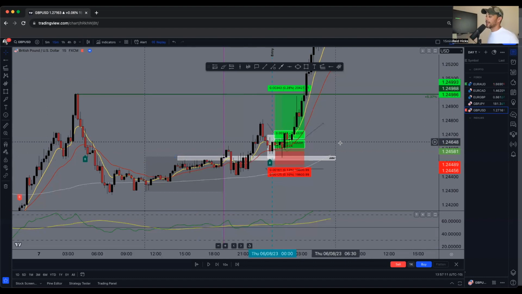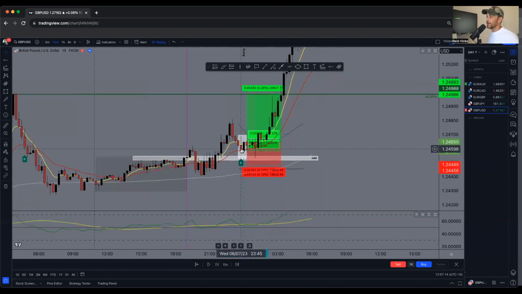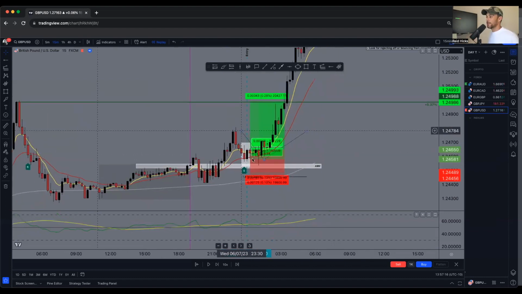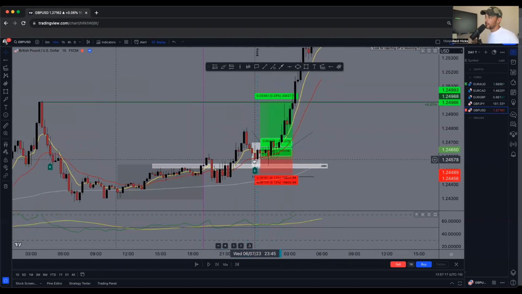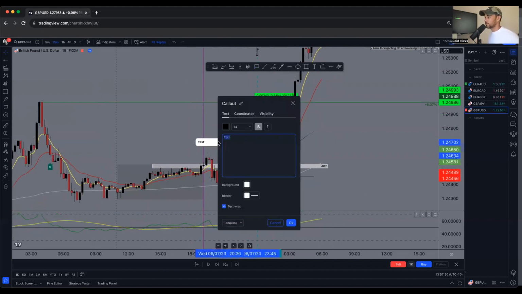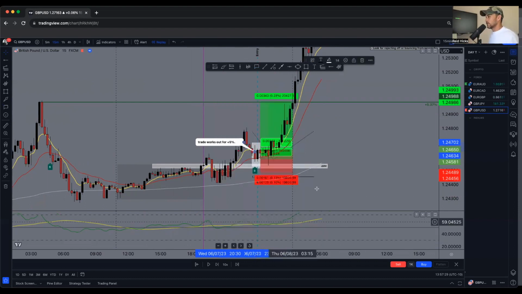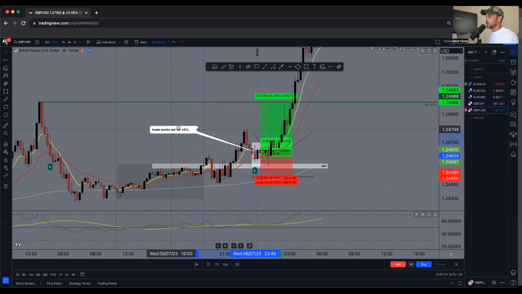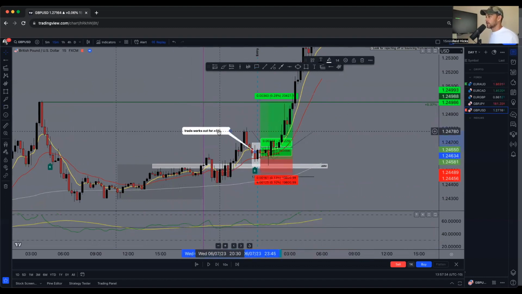Yes. So that's the thing. I want to take note of that. I want to make sure, like, hey, okay, so this trade works out. Maybe I want to risk a little less than this, right? So the trade works out for plus 5%, over 5%. And I mean, that's wonderful, right? Maybe take a smaller, not loss, take a smaller risk on this one.